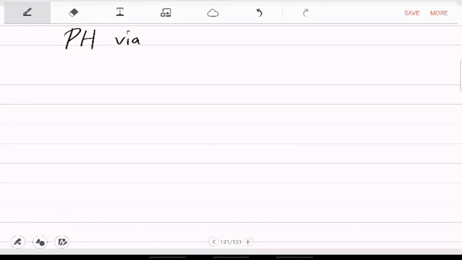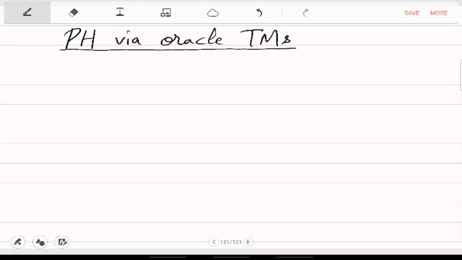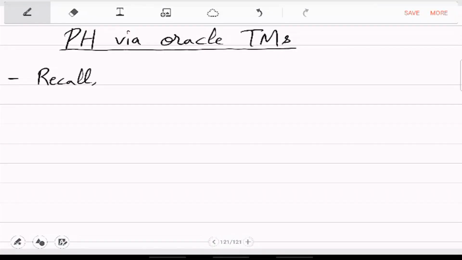So, PH via oracle Turing machines. Think of what we did with NP, right? NP we defined via quantification, and then we defined it via NDTM. So recall that sigma 1, which is NP, actually represents NDTM computation.